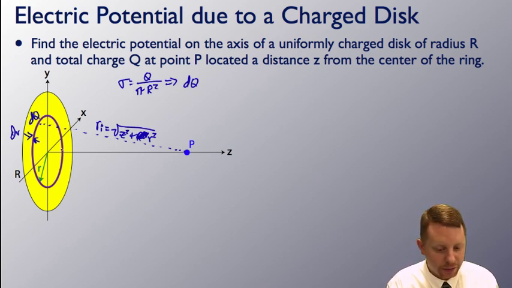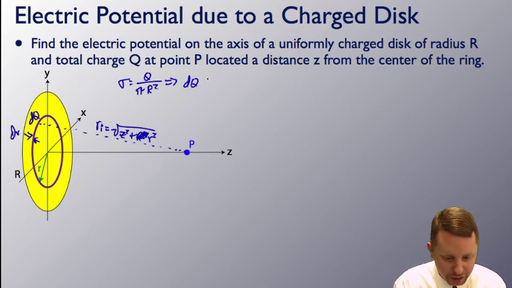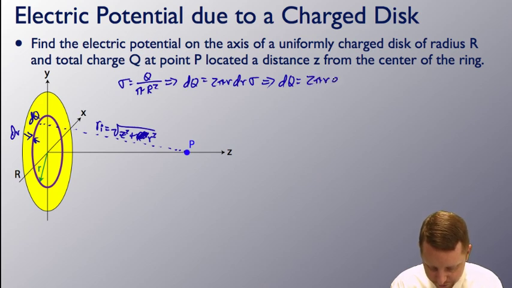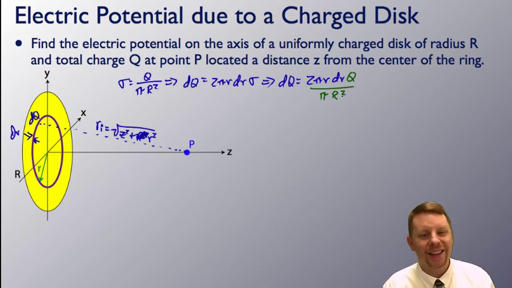If we cut the ring and spread it out, it would have dimensions of 2 pi r, its length, times its width, dr, and then times the surface charge density, sigma. If we put that all together, dq must be equal to 2 pi r dr times sigma, which is capital Q over pi capital R squared. We're going to need that here pretty soon.